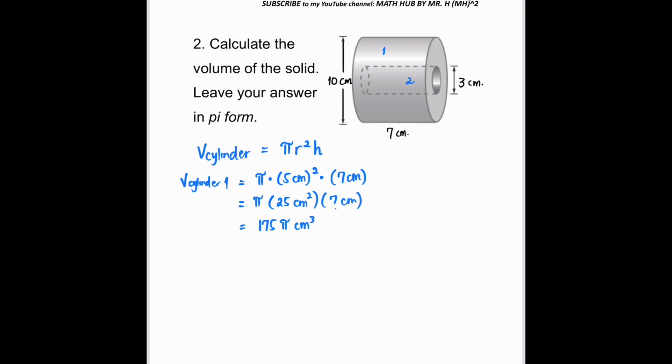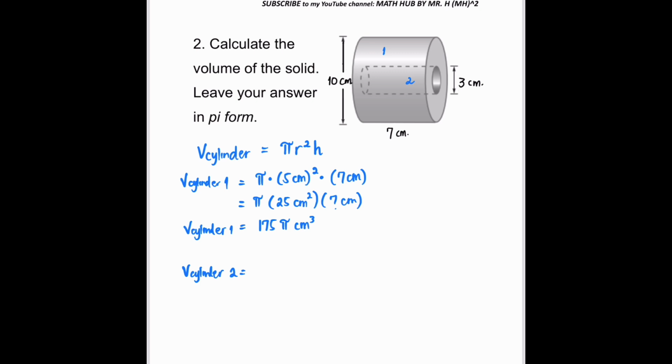So that is the volume of cylinder 1. Remember, the question asked you to write the final answer in pi form. So for the volume of the first cylinder, I left it in pi form. So after calculating the volume of the first cylinder, we can calculate the volume of the cylinder 2 following the same formula.